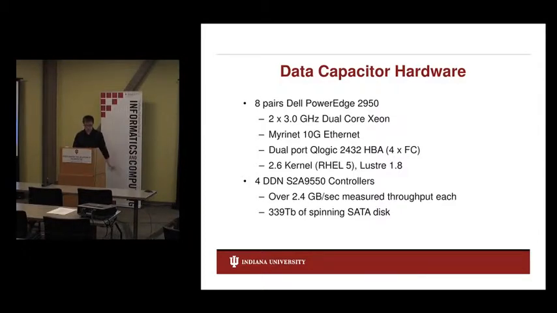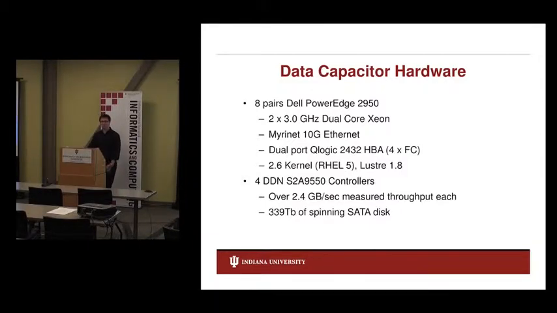They are connected to the network over 10 gigabit Ethernet. We use 4 gigabit Fibre Channel to connect to the storage hardware. We're running Red Hat 5 with Lustre 1.8, and we use the Data Direct Networks S2A 9550 controllers.